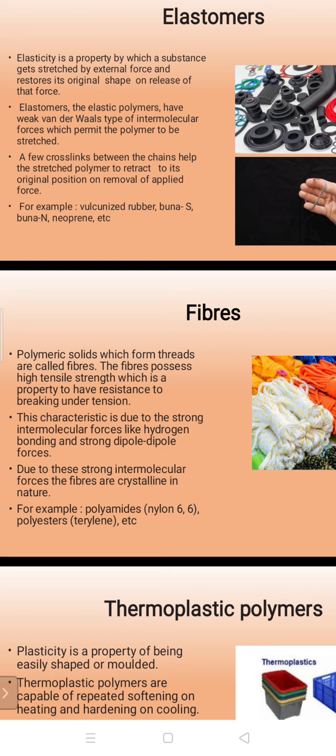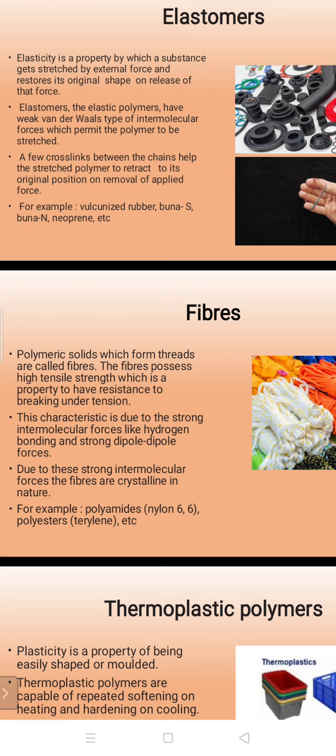These are polymeric solids which can form threads, and these threads are called fibers. Some call them fabrics also. Fibers possess high tensile strength, meaning their toughness and tenacity are high, which is the property of resistance to breaking under tension. That type of solid material is also a fiber.